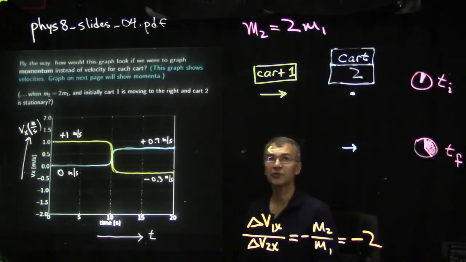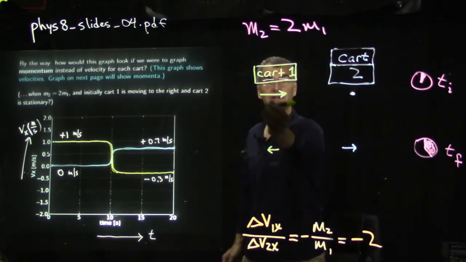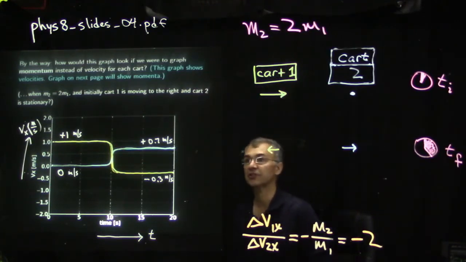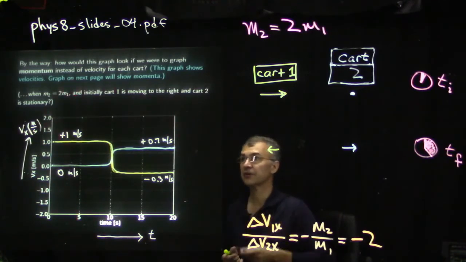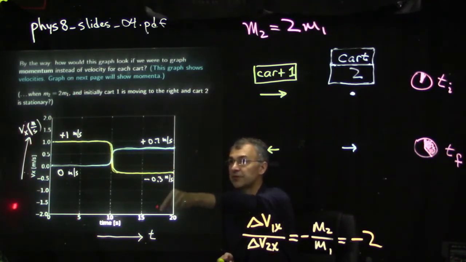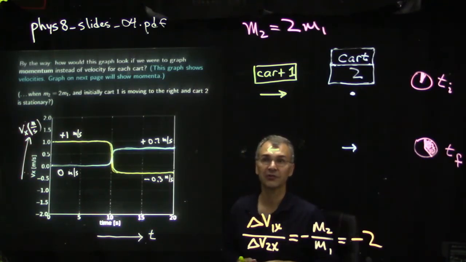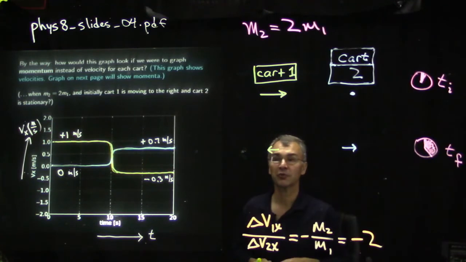By the way, for this collision that we just watched, where cart 2 has twice the mass of cart 1, and cart 1 is initially moving to the right, and cart 2 is initially stationary, the graph that we chose was this graph. Now it's drawn a little bigger. Here's the x component of velocity measured in meters per second on the vertical axis. Here's time measured in seconds on the horizontal axis. And cart 1 went from +1 meter per second down to minus 0.3 meter per second.